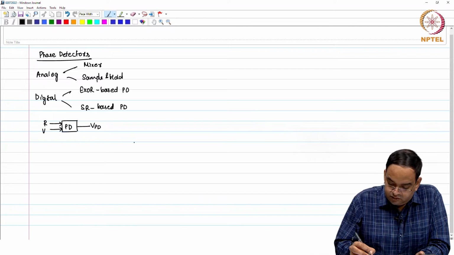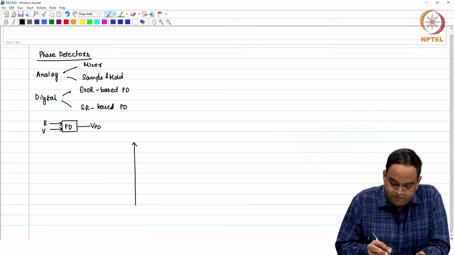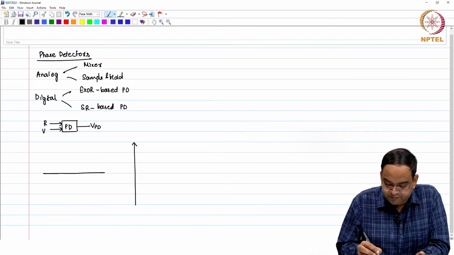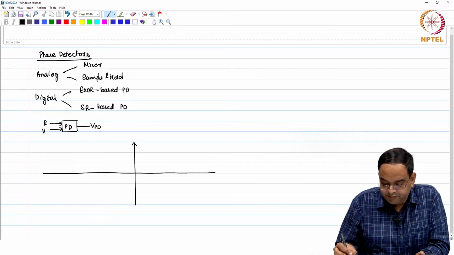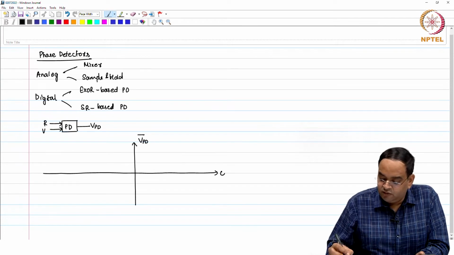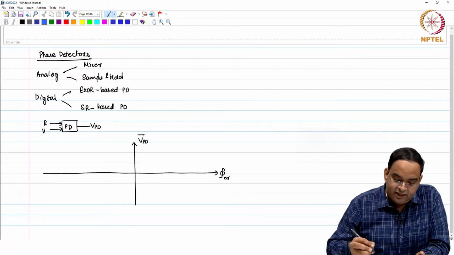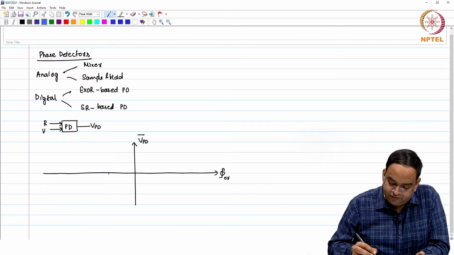The phase error detector output which we plotted was VPD average versus phase error, and there were sinusoidal phase error detectors which we saw.